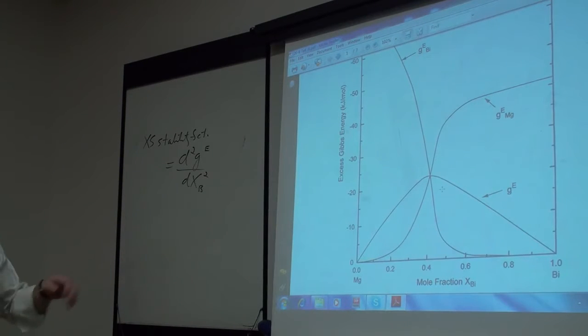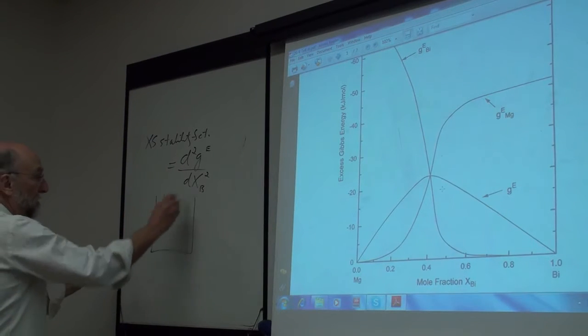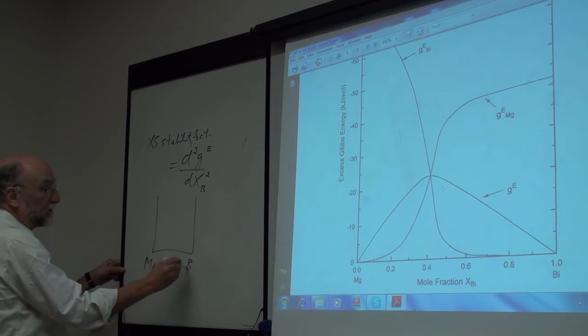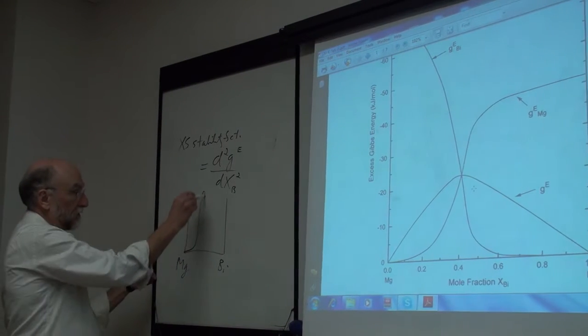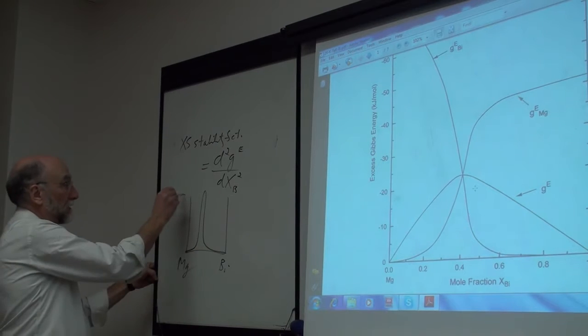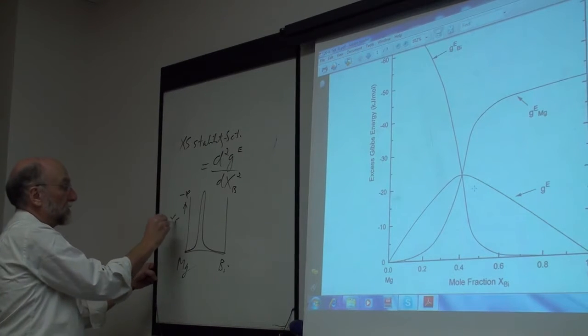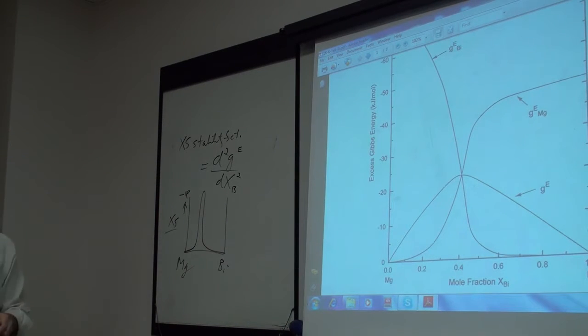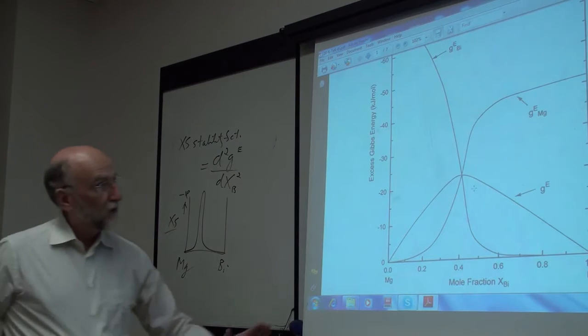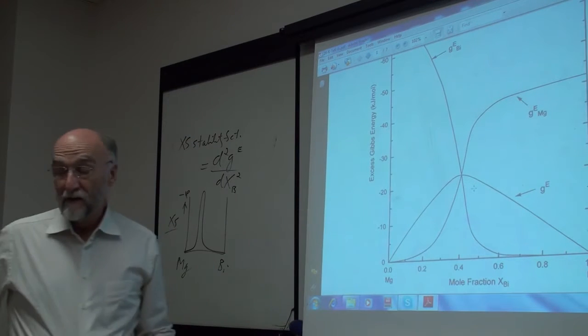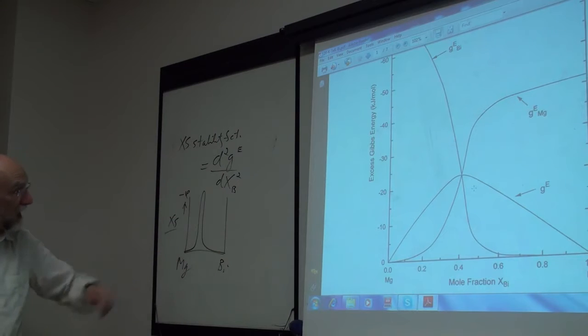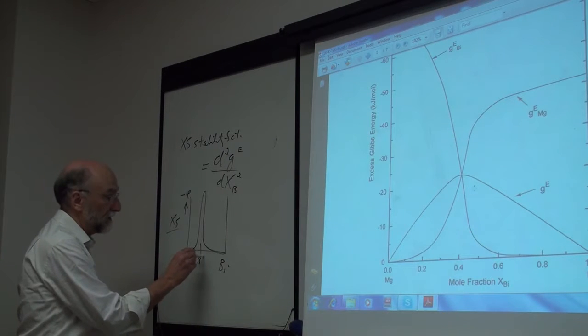If you were to plot the second derivative in this system, magnesium bismuth, you would get a curve that sort of looks like this. This would be negative up here. This is your excess stability function, negative. It goes up, and then all of a sudden there's a very sharp change, which indicates stability around 33%.